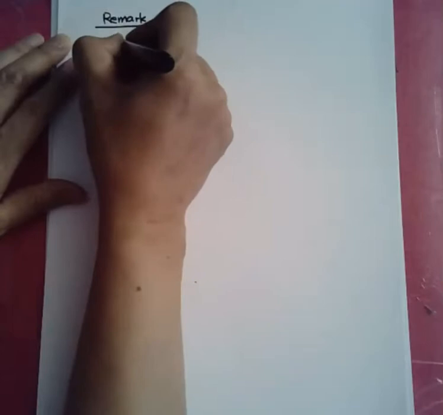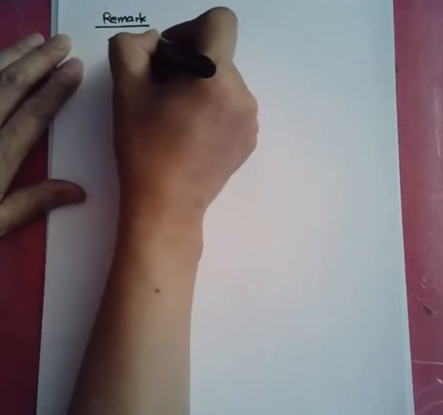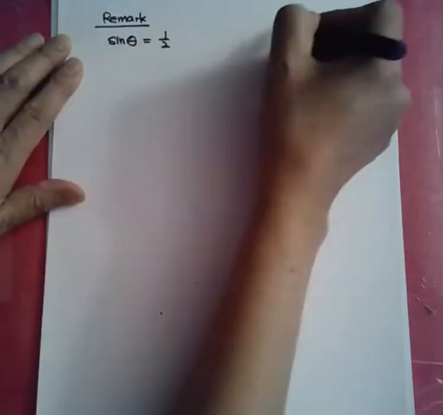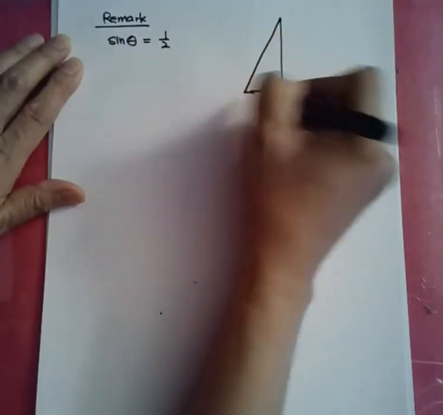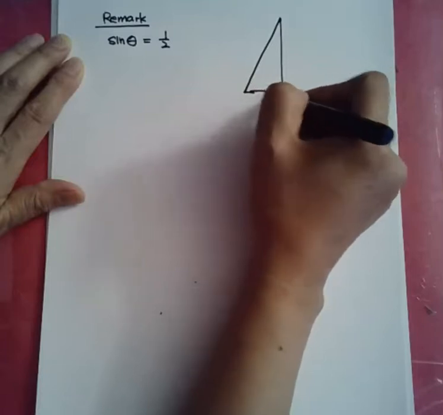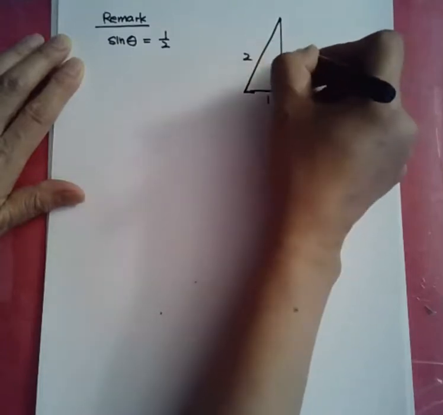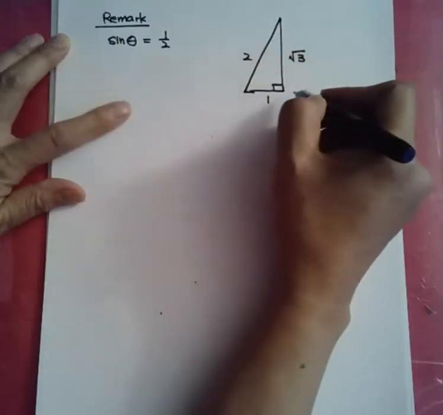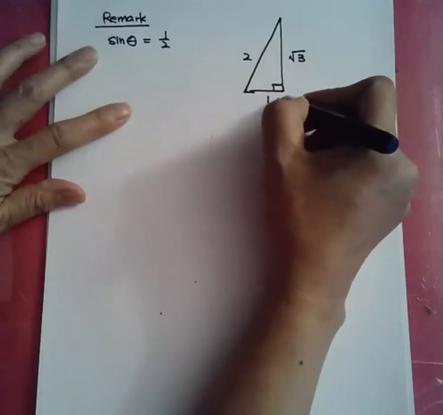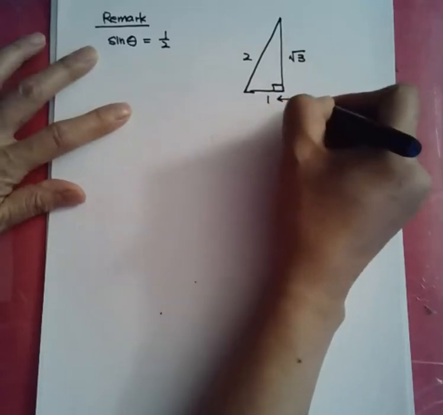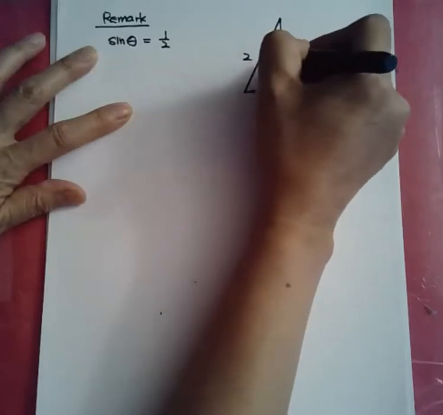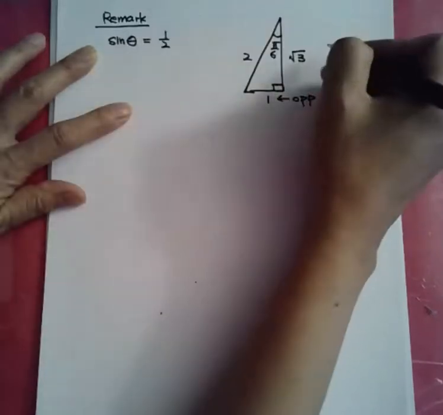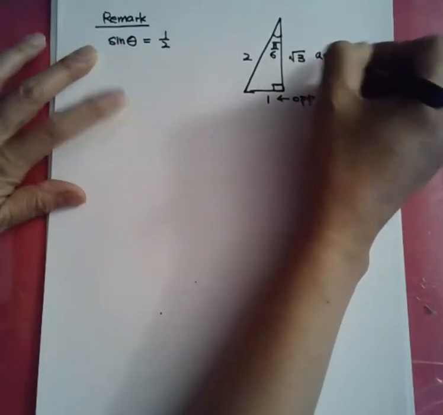By looking at sine of theta equals 1/2, we can relate that with the 30, 60, 90 degree triangle, 1 to 2 to square root of 3. Opposite is 1, so the angle involved is pi over 6, and adjacent is square root of 3.